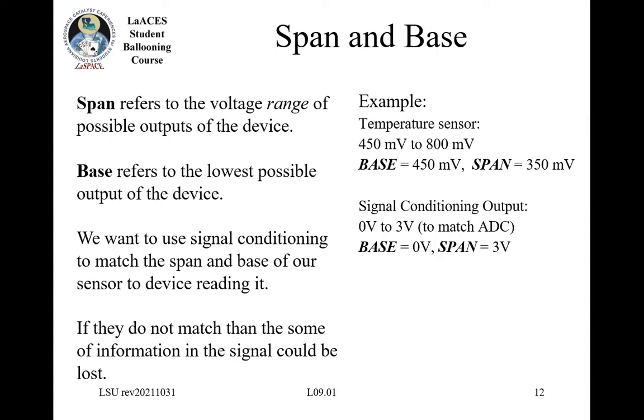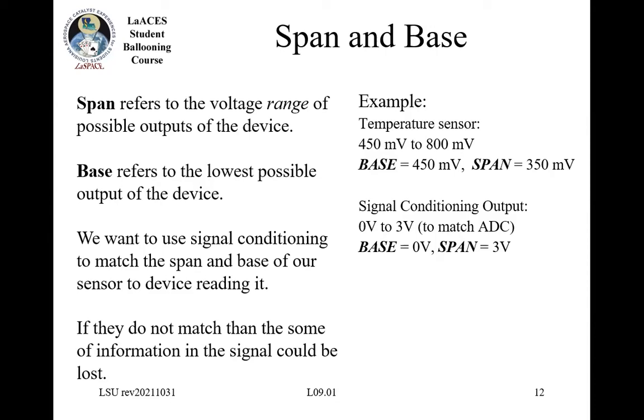Because if our input signal is too big, we may not be able to read it out. We may be losing resolution because it's a very small span, but we have a very coarse ADC. So we're going to try and get these to match. Just as an example, and these are actual numbers roughly, take the diode at temperatures around room temperature.